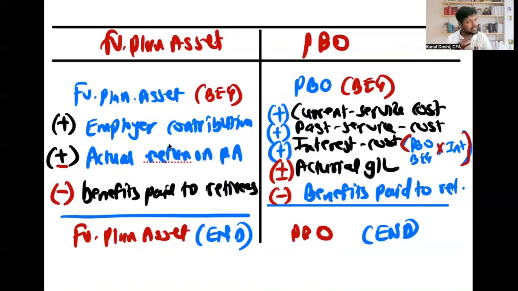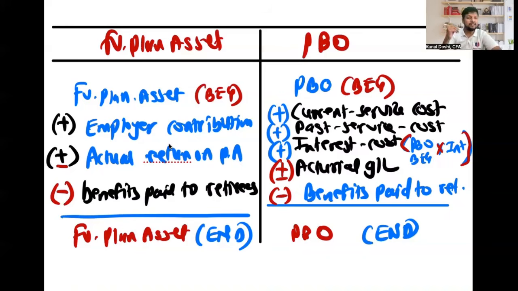That is where we need to understand all the components: current service cost, past service cost, interest cost, actual gain and loss, and the benefit paid will also be here because that is also going to be a part of your PBO. Any benefit paid will reduce your liability. Remember this. So all other things are added except the benefit paid, which will reduce your liability. PBO is a liability. All right.